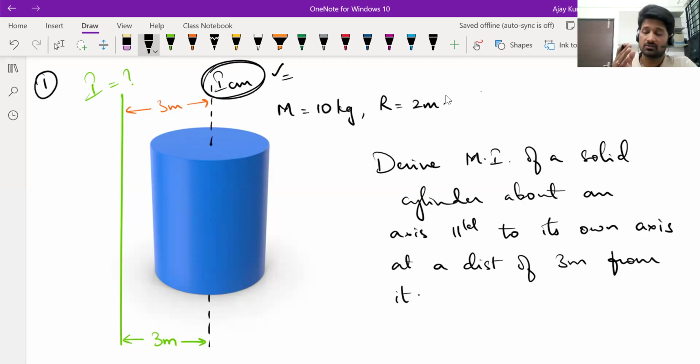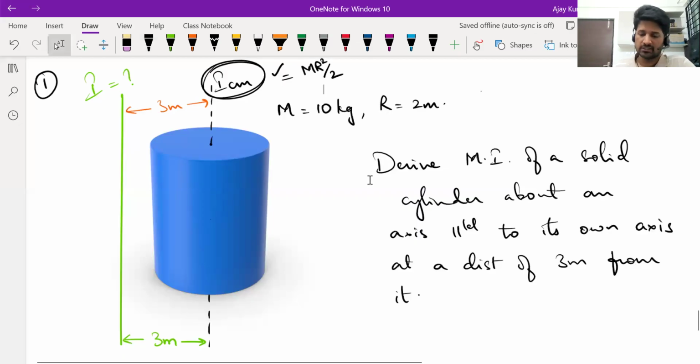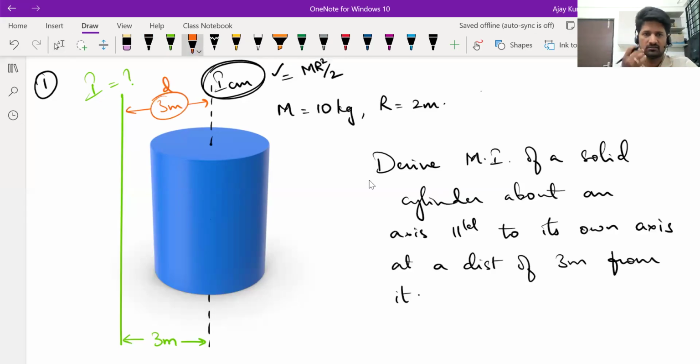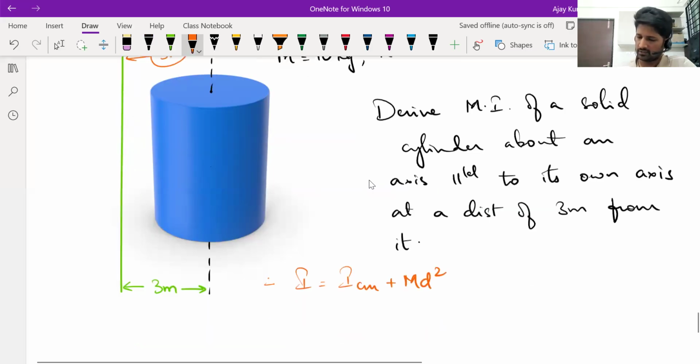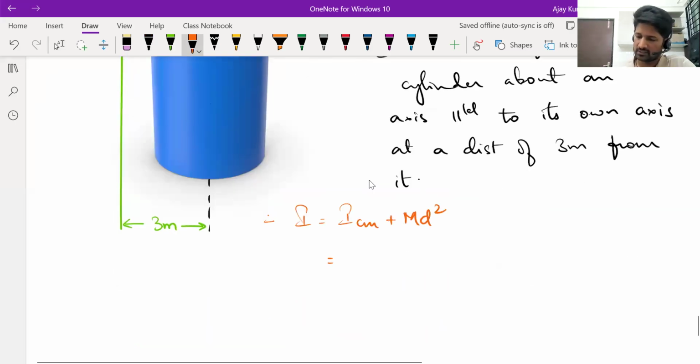What is the formula? It's not solid sphere, sorry, solid cylinder. What is the formula? MR squared by 2. We derived it today itself. I_CM is MR squared by 2, and the distance d between the axes is 3 meters. That's all. Therefore, I becomes, the formula is I_CM plus Md squared. I_CM is MR squared by 2.